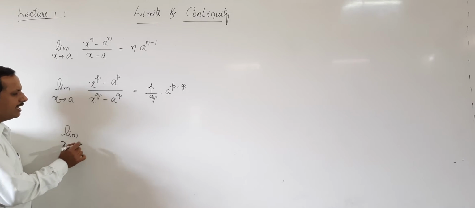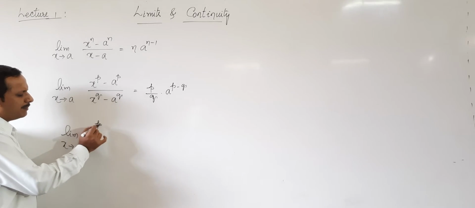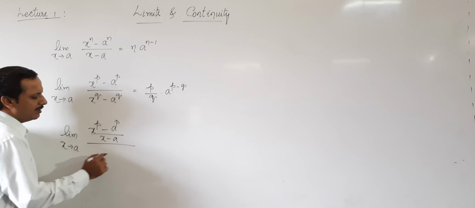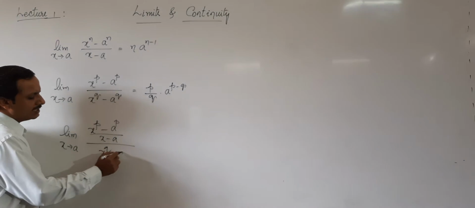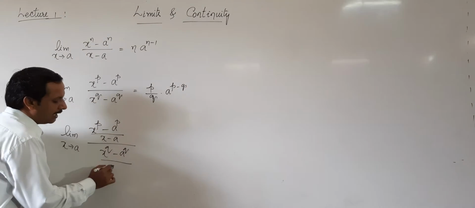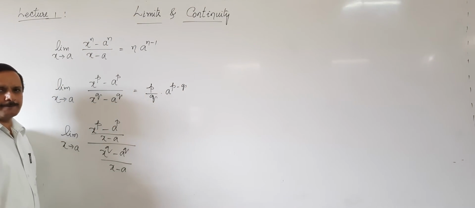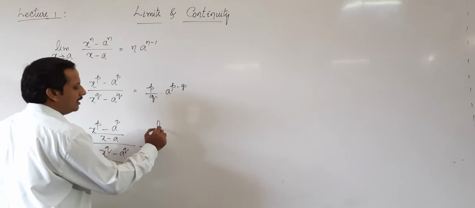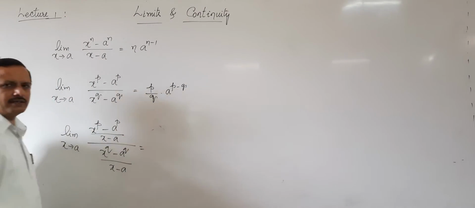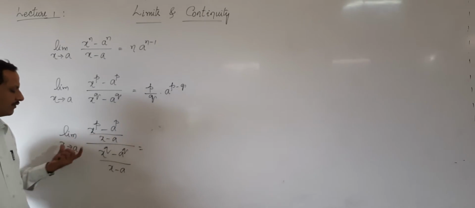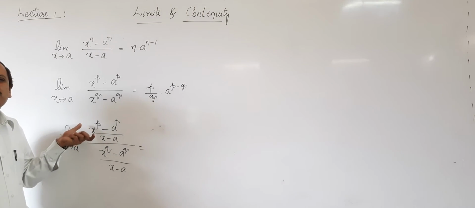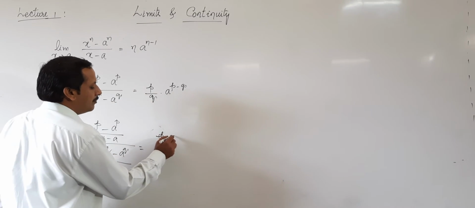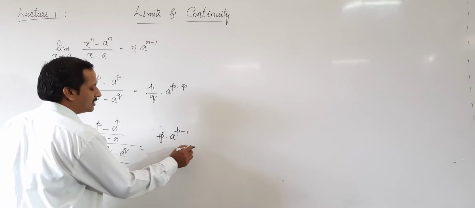The limit as x approaches a of (x^p minus a^p) divided by (x^q minus a^q), we divide both numerator and denominator by x minus a. Apply the formula separately. Think of this: the limit as x approaches a of (x^p minus a^p) divided by (x minus a) is nothing but p into a^(p minus 1).